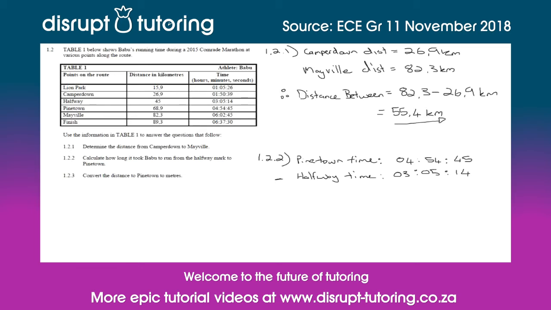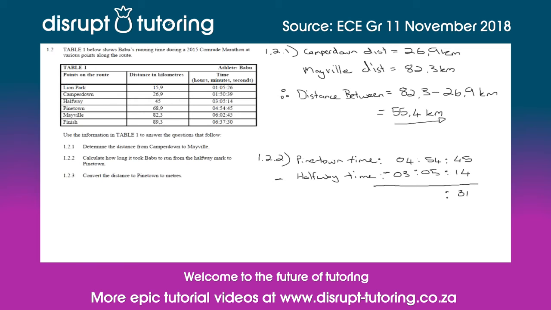So if we subtract here, first of all for the seconds part, it was 45 seconds, and we subtract 14 from that. So that's going to give us 31. So 45 minus 14 comes to 31. So that's your seconds.